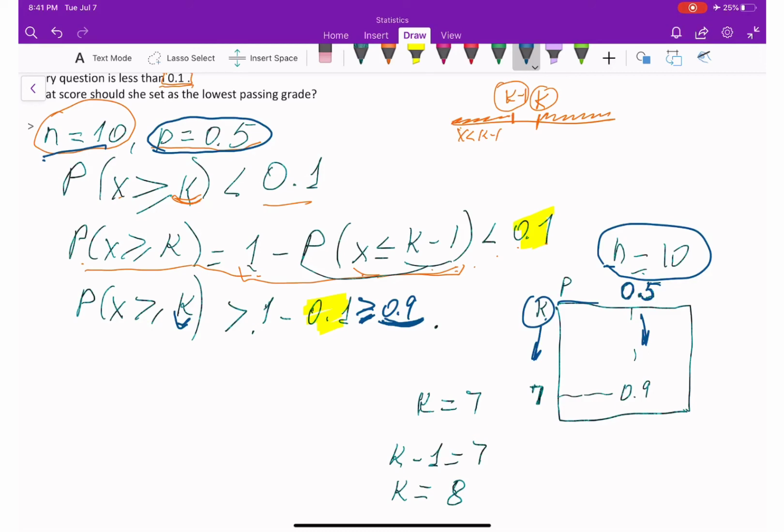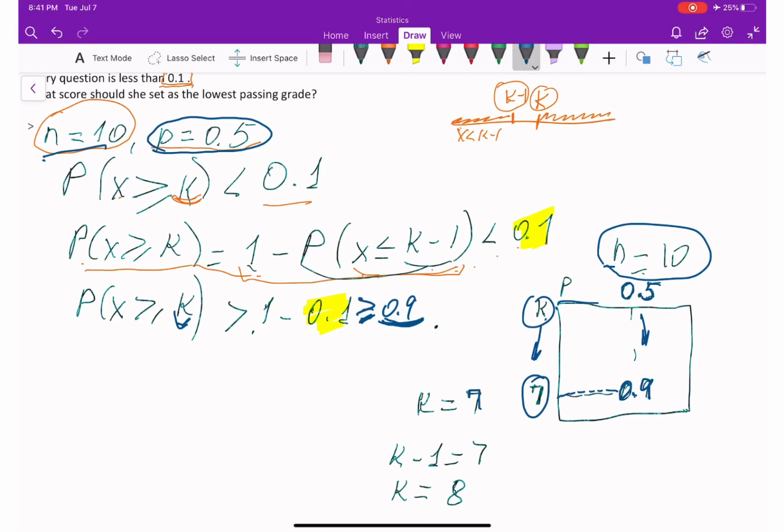Hold on, yeah, it's going to be 0.9 right here. That's where I found it. Okay, and once you come horizontally, you will see it is equal to 7. So we found it.